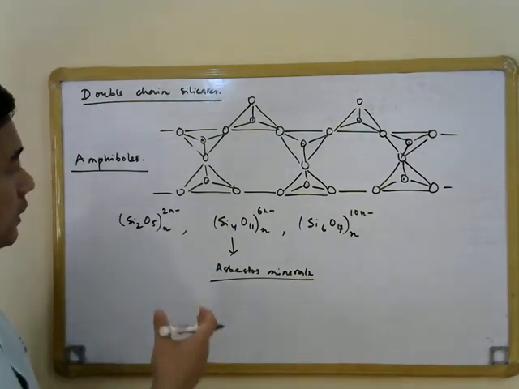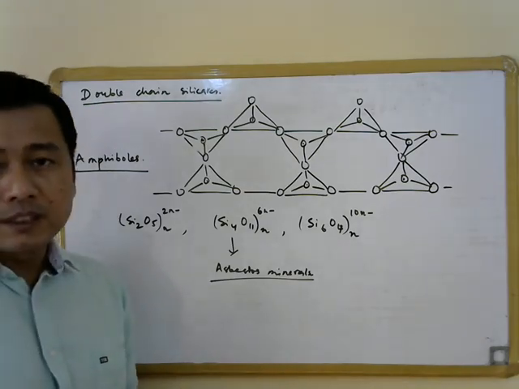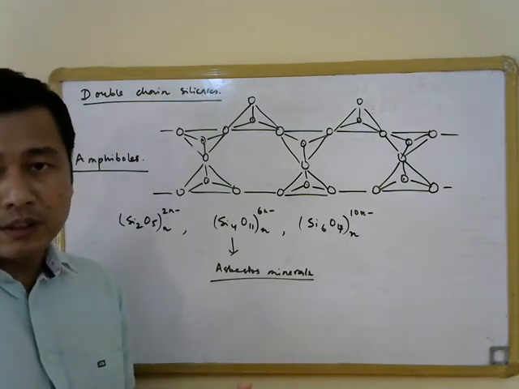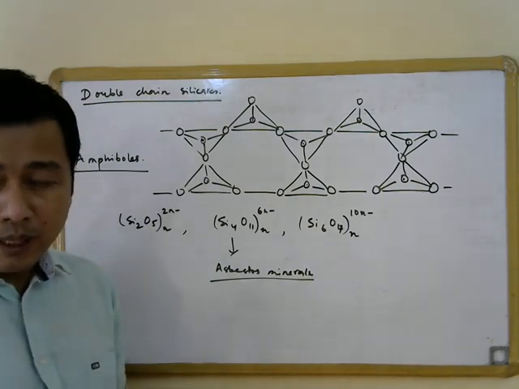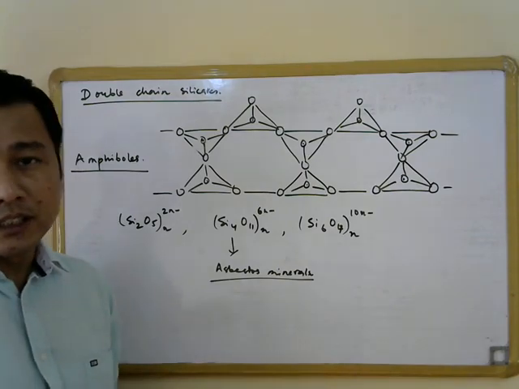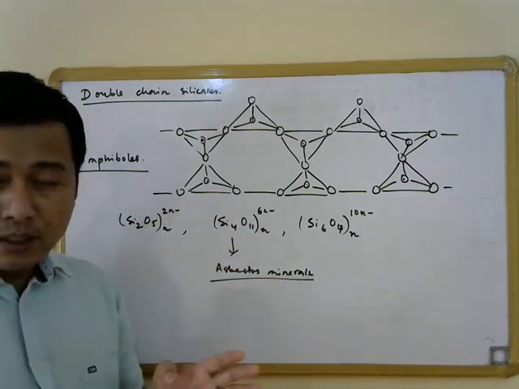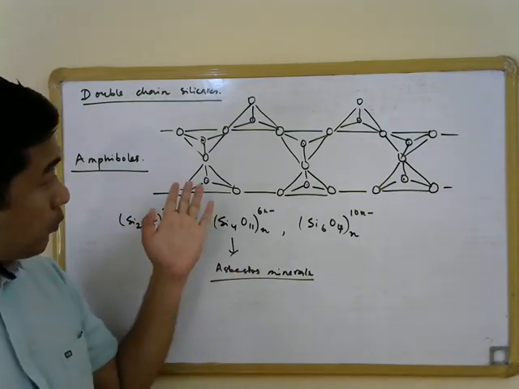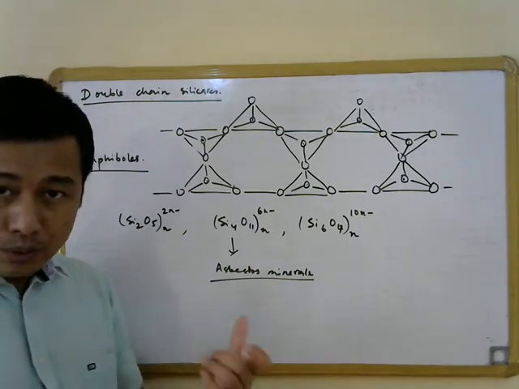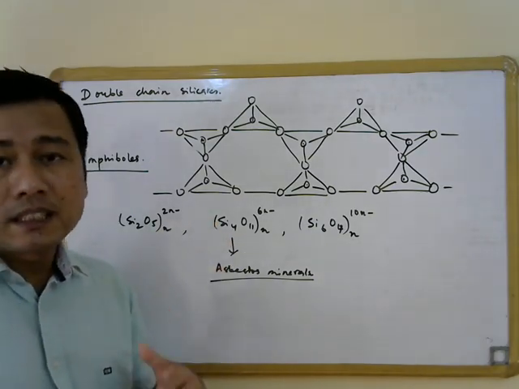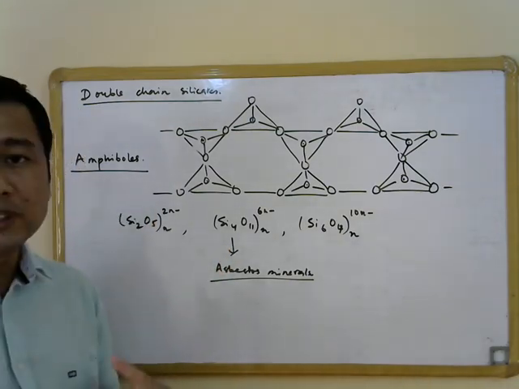In the lattice, what happens is that these oxygen atoms which carry negative charges will be present on the surface as OH groups, and on these OH groups metal ions are going to bind, and that is how the lattice of such double chain silicates is formed. Since within the double chain the Si-O linkages are strong, and the linkage of these double chains to the metal ions is quite weak compared to the Si-O bond strength, when these double chain silicates cleave, they cleave as fibers, and that is why these double chain silicates or amphiboles are of fibrous nature.